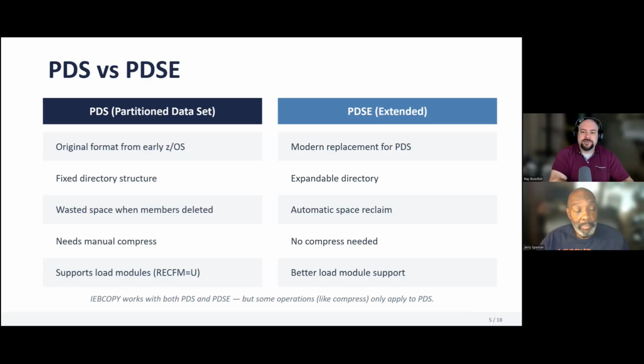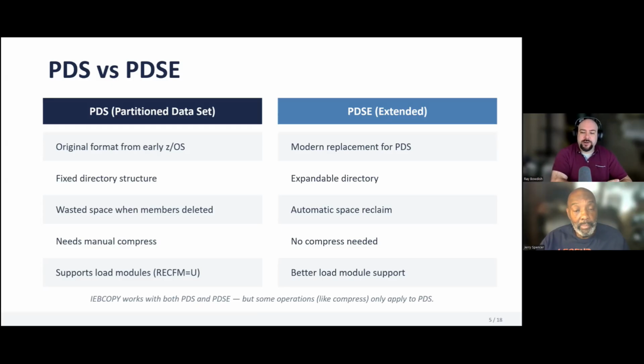PDSs have issues with fragmentation, where if you start deleting members, you get little gaps in the PDS, and then it only puts new members at the bottom. And so all that unused space you have at the top, from where you've deleted members before, doesn't get reused unless, as Jerry said, you compress it.